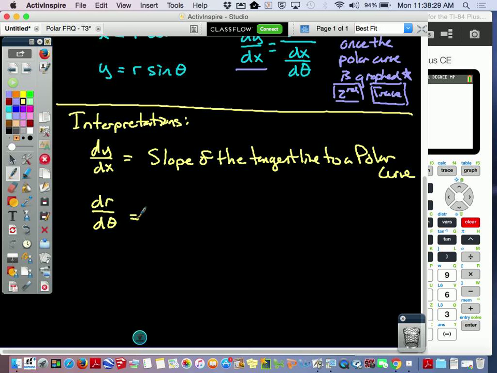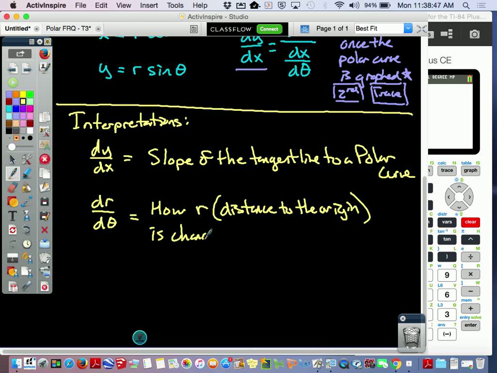So if we find dr d theta, this tells us how r, which is equal to the distance to the origin, is changing with respect to theta. Okay, how is r changing with respect to theta? So for instance, an example.